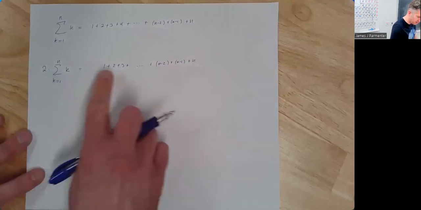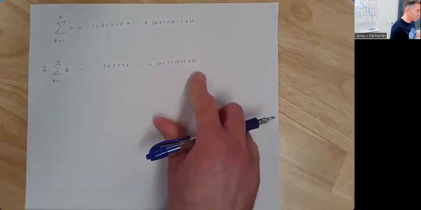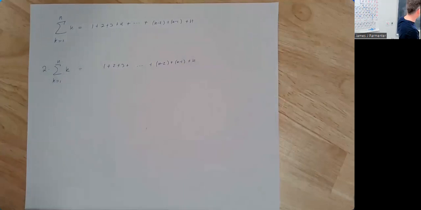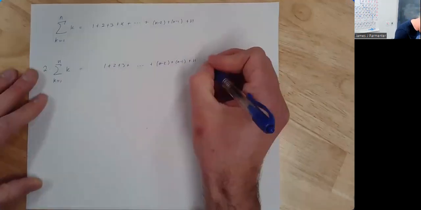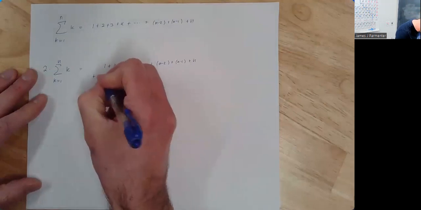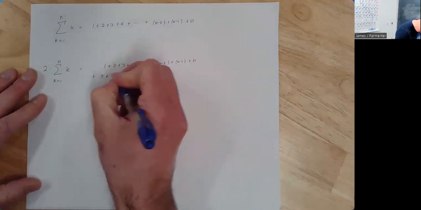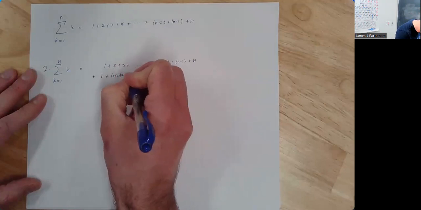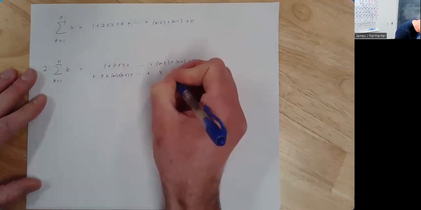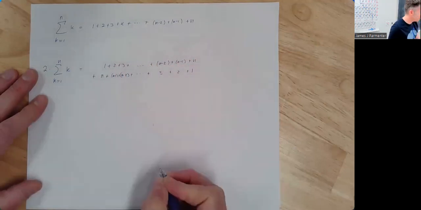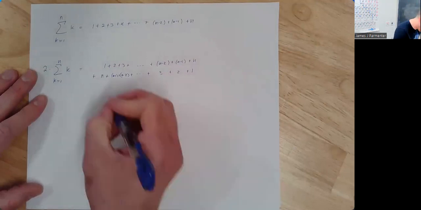How many terms are written down here? N terms. Okay, and I'm going to add them up again because I want to double it, but I'm going to add them in the reverse order. Meaning I'm going to do plus n, plus n minus 1, plus n minus 2, plus all the way to 3 plus 2 plus 1. And then we're going to add vertically.